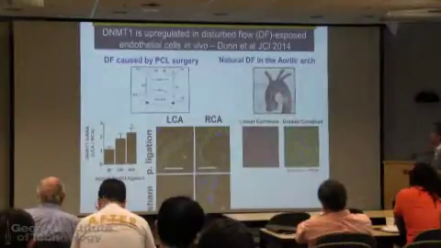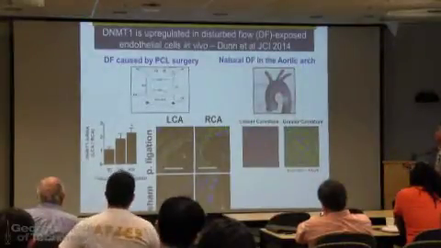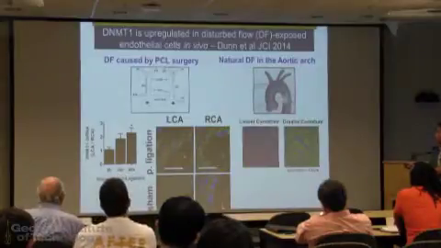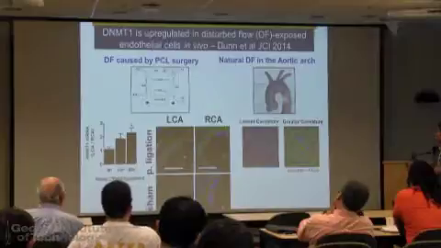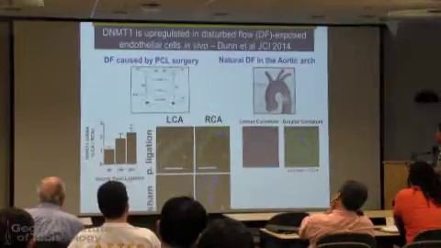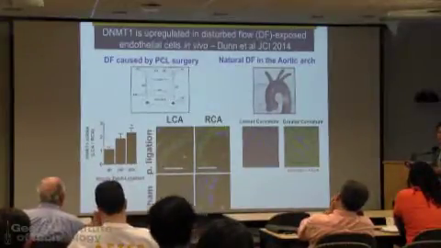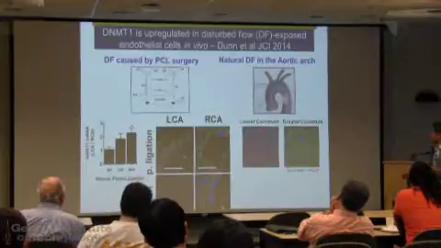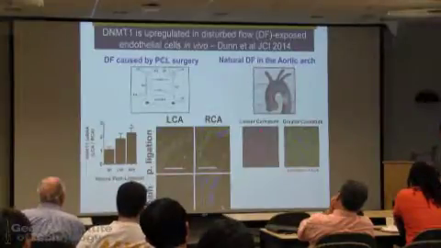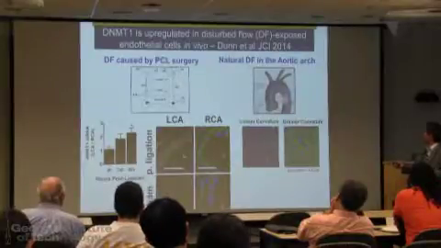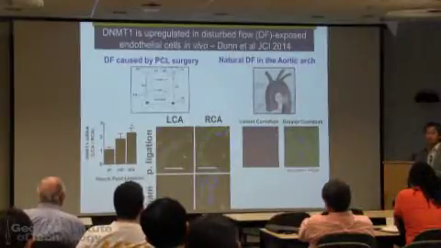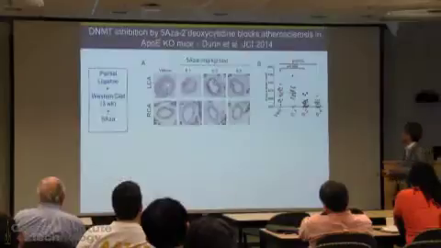And this is not only in the flow-disturbed area caused by surgery, but also in naturally flow-disturbed areas such as the aortic arch. You can see in the lesser curvature area where flow is bad, you will see a lot of red staining. That means DNMT1 is very high in flow-disturbed areas, but not in the good flow region called the greater curvature area, such as here.